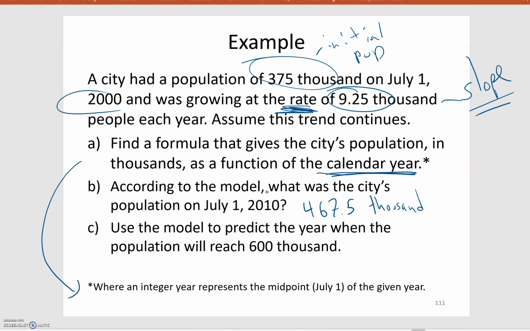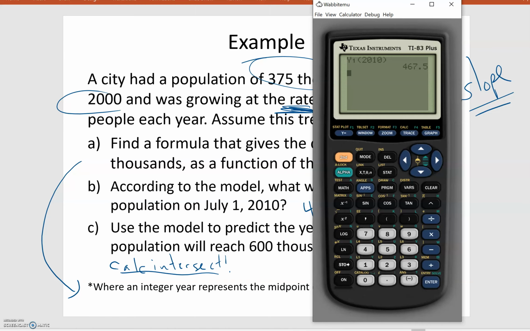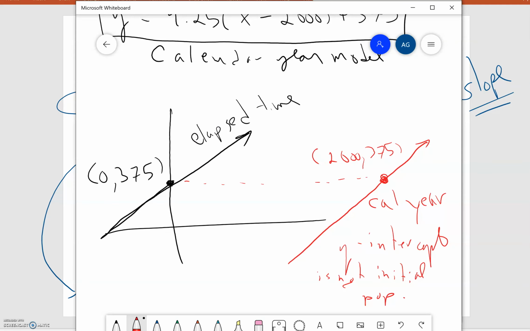This is a type 2 question, so we're going to use calc intersect. What we will be intersecting is 600, which represents 600,000. But we're going to need to think about the window here, because with a calendar year model, remember the picture that I drew a moment ago, it's offset, it's way over here, right?